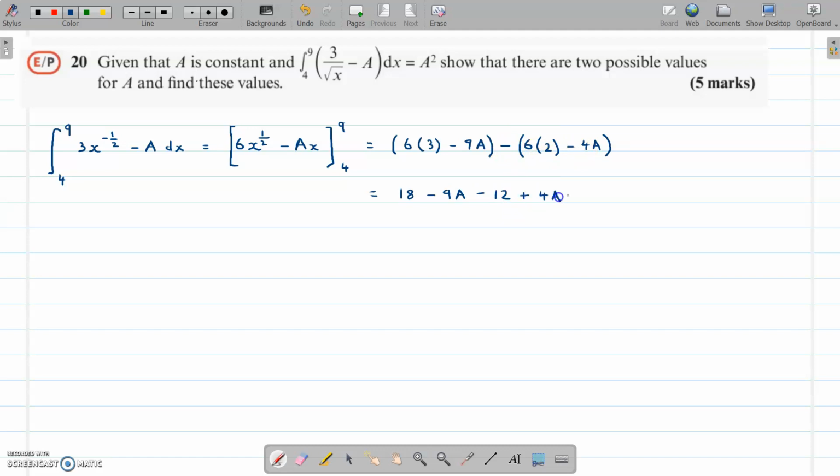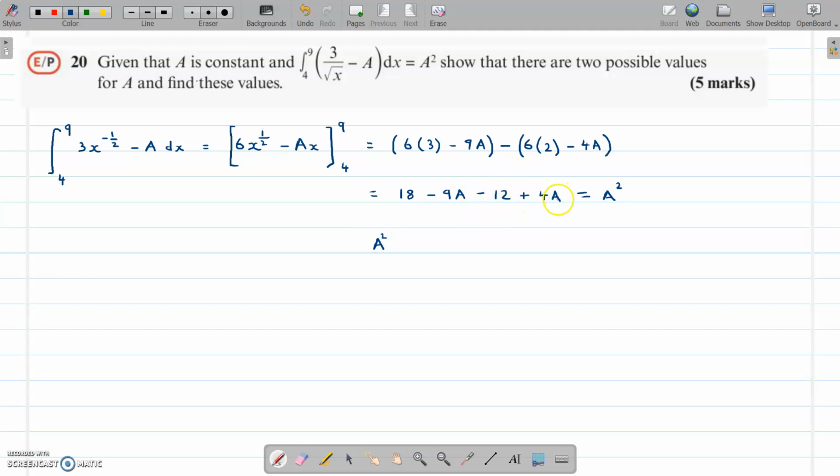Okay, and we're also told that all of that is equal to a squared. So it looks like we're having a quadratic here in a squared. So if I just move everything across to the other side, that gives me that a squared. Now what have I got here?